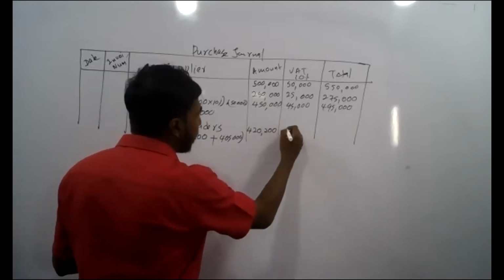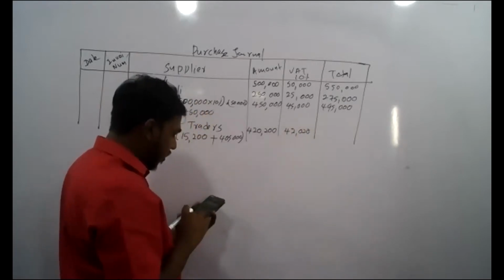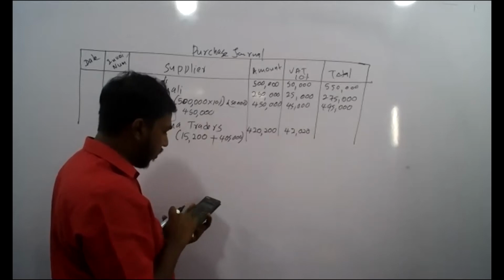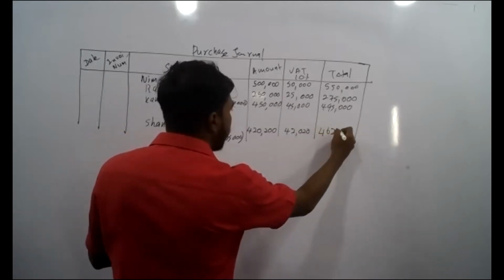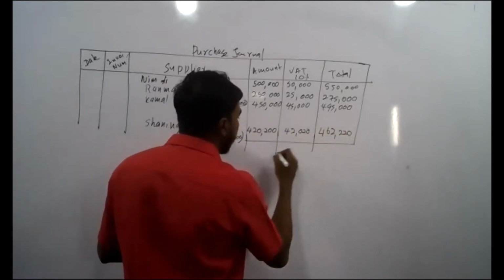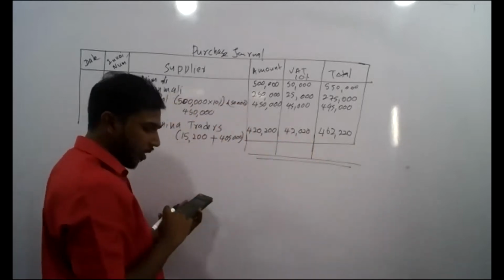So VAT is 42,020. Plus 42,020, the total amount is 462,220. Right?